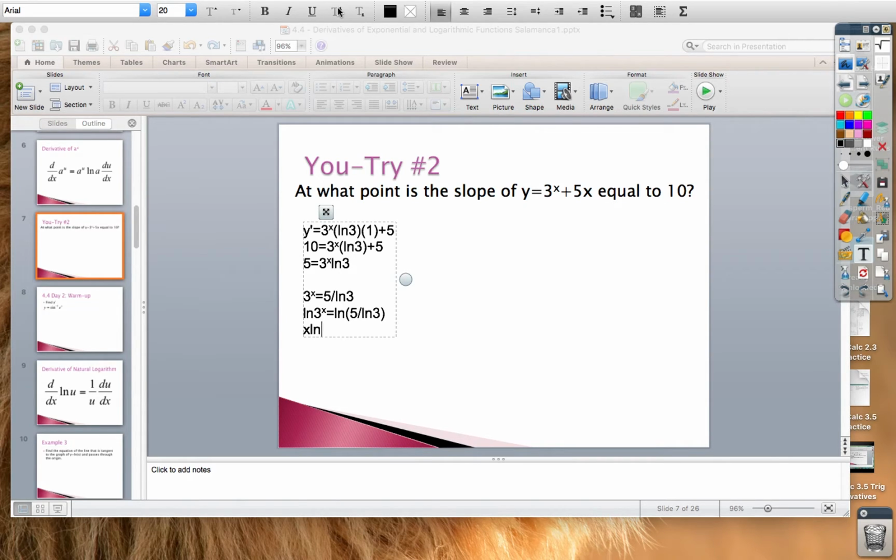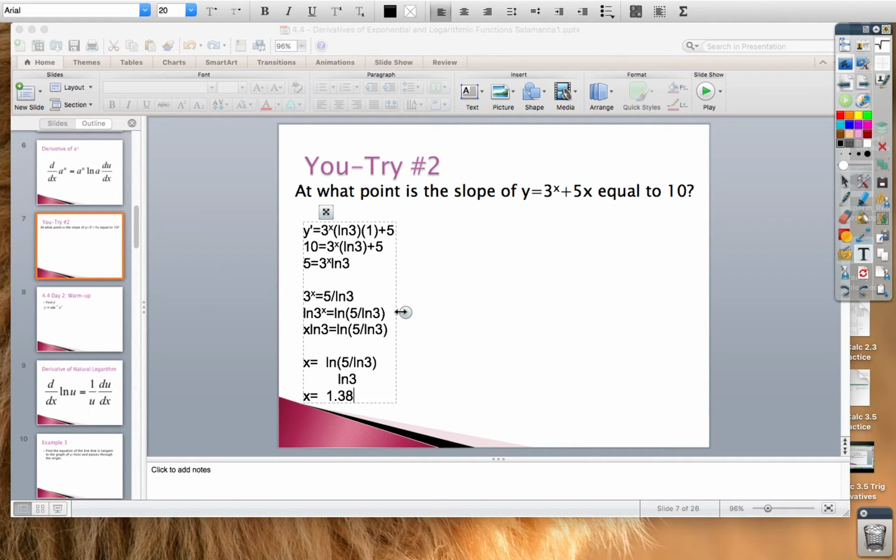We're left with x ln 3 equals ln of 5 divided by ln 3. We're going to divide both sides by ln 3. We are finally left with x equals ln of 5 divided by ln of 3, all divided by ln of 3. That gives us a final answer of 1.38 for our x value.